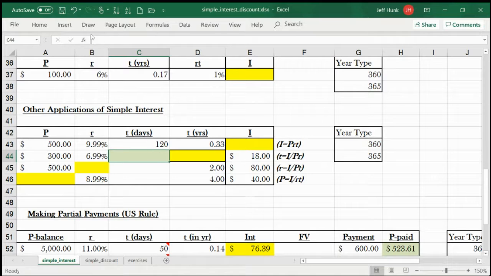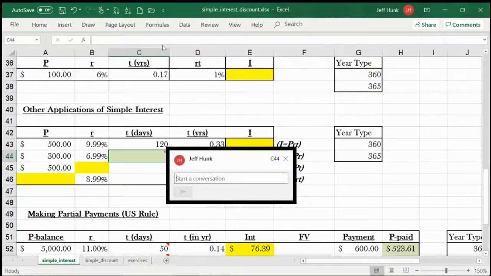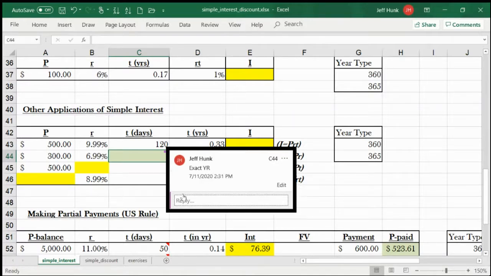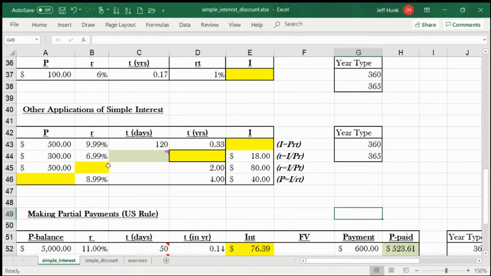For this one, let's use exact interest year. So I'm going to annotate exact year, right? Okay.